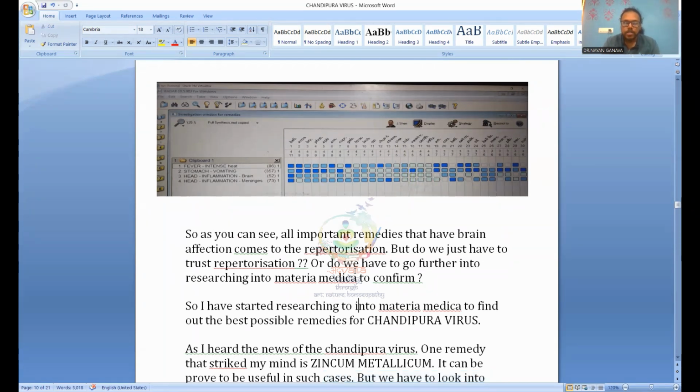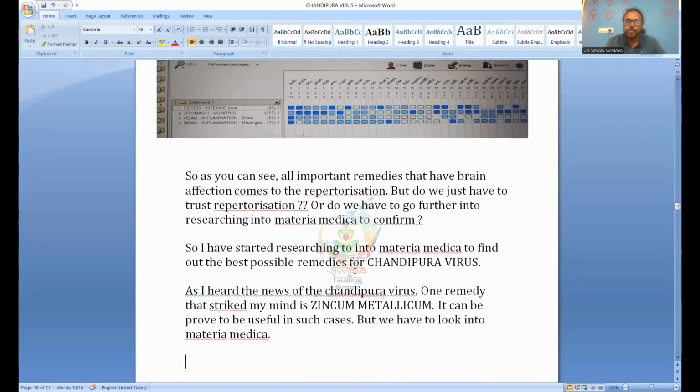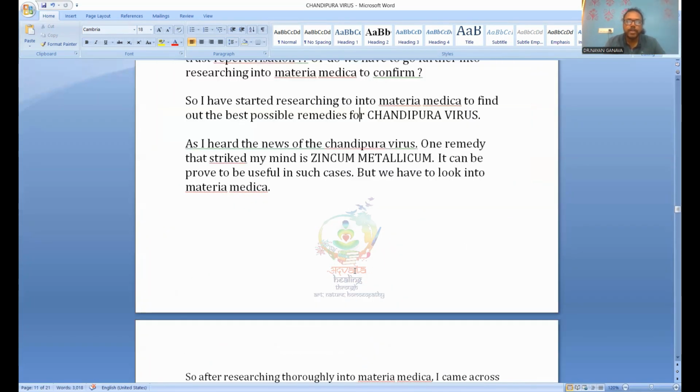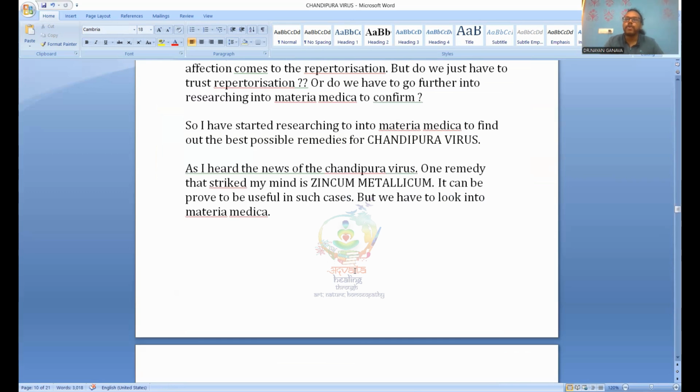So now I have started searching the materia medica to find the best possible remedy for treating the encephalitis and the infection and the other symptoms which we have observed in Chandipura vesiculovirus infection.